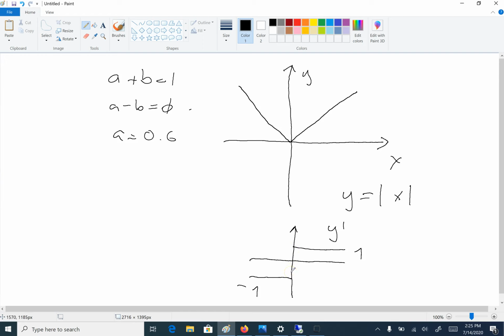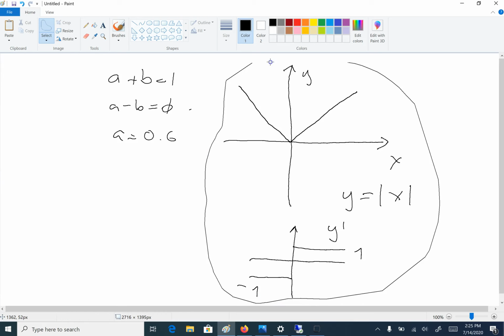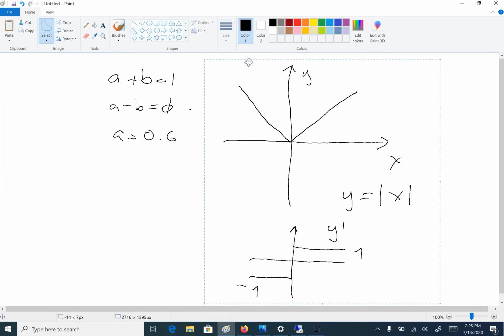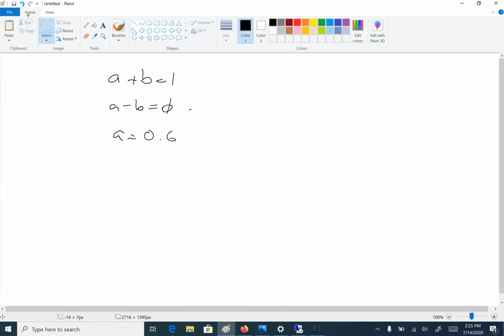It's just undetermined. And let's take a look at how the quadratic function looks like.